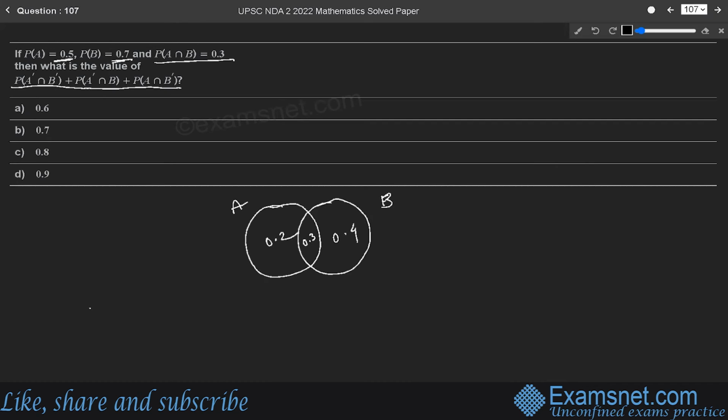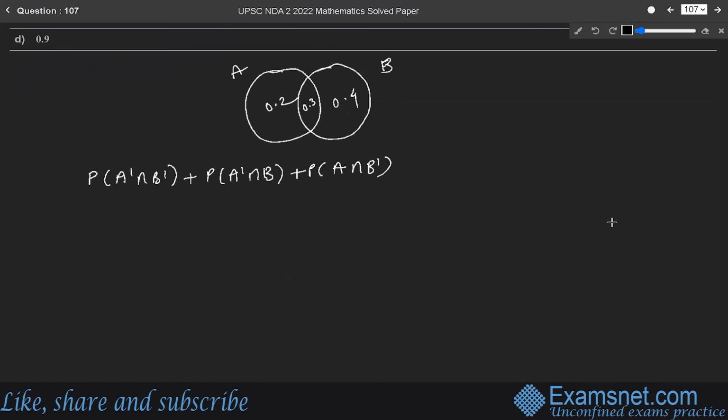We have to find the value for P of A complement intersection B complement plus P of A complement intersection B plus P of A intersection B complement. First term can be written as P of A union B whole complement by De Morgan's law.